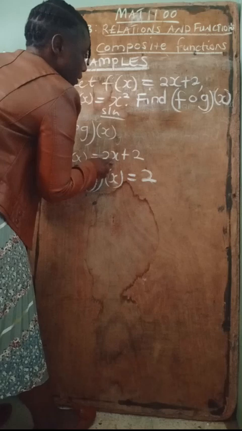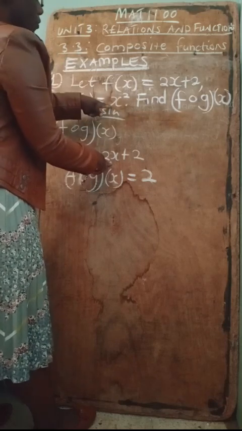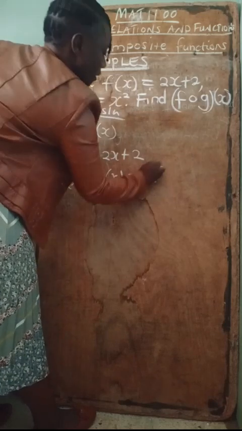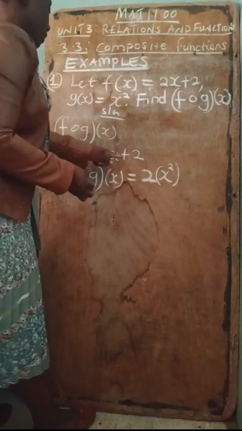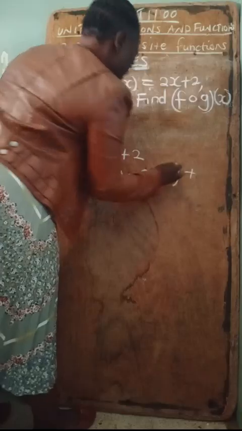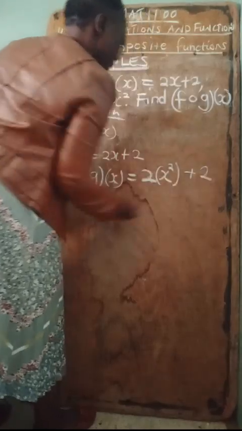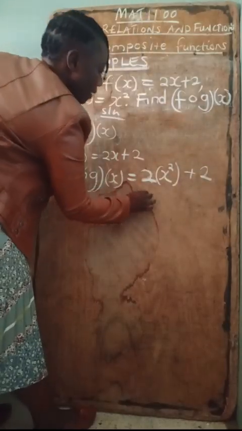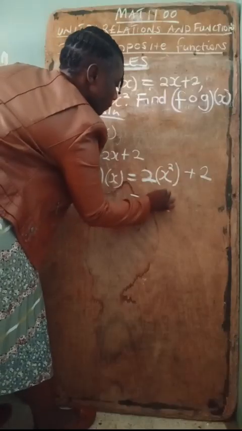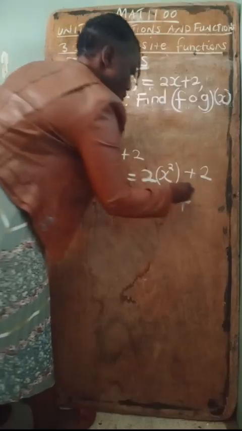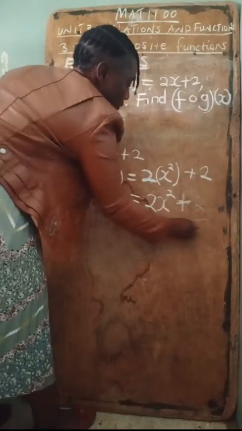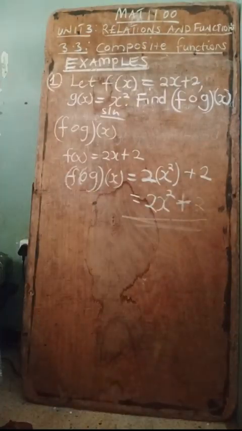Then where there's x here, we are putting the function of g, which is x squared. Then there's a plus, then there's a 2 there. So we write it like this. Finally, we are going to have 2x squared plus 2 plus 2. Okay? So this will be our answer.